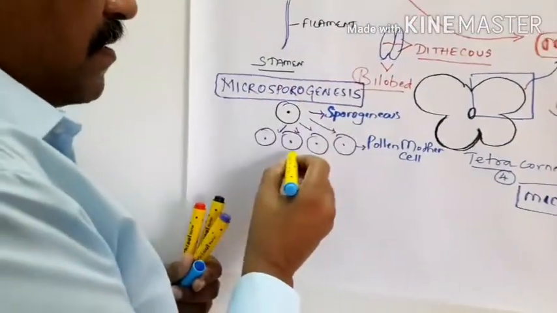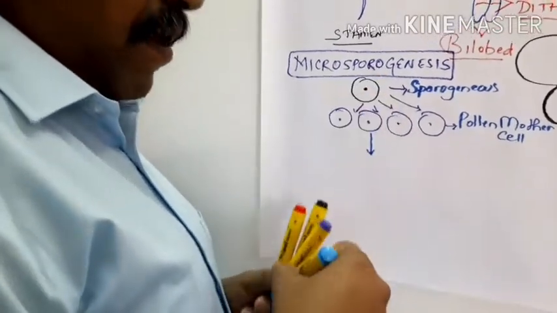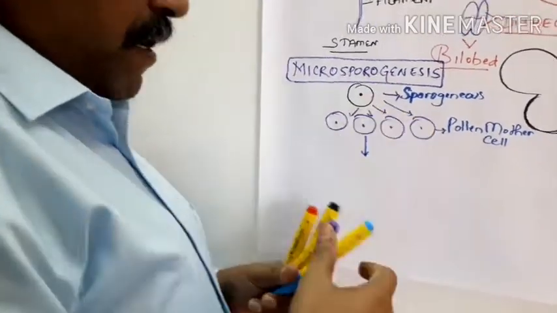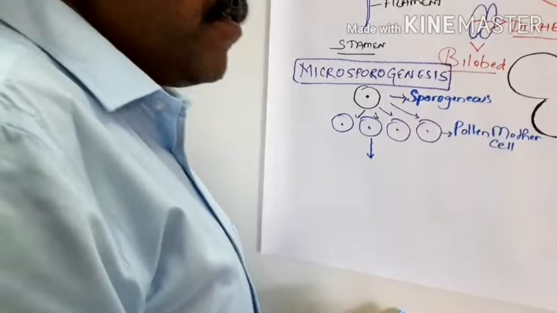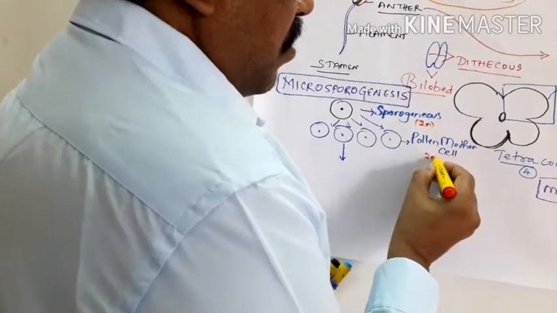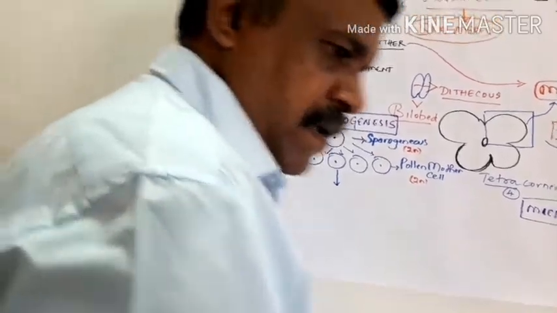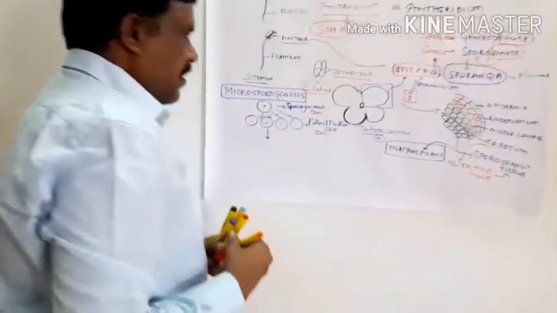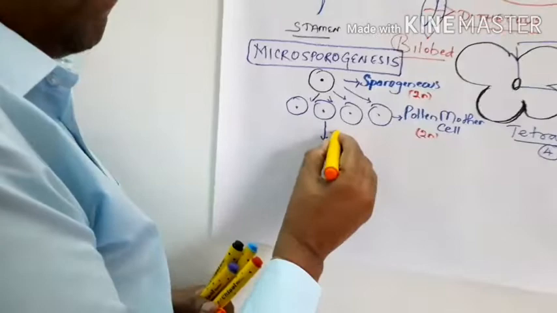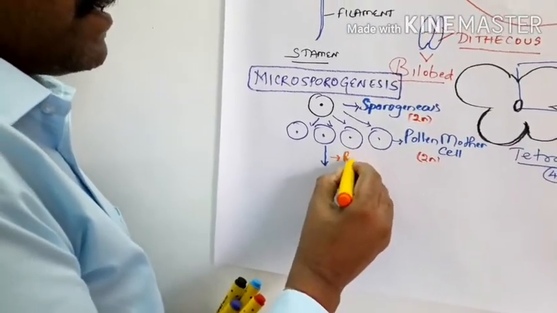Now, of all these pollen mother cells, I am taking one. Now, we have to see the ploidy. The ploidy of this is 2n, and its ploidy is also 2n. Now, you have to remember that this pollen mother cell will proceed for the reductional division.